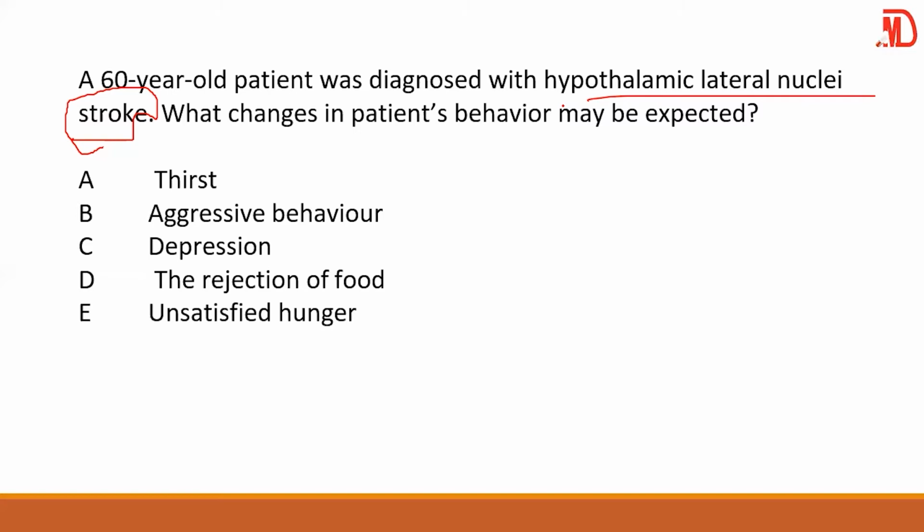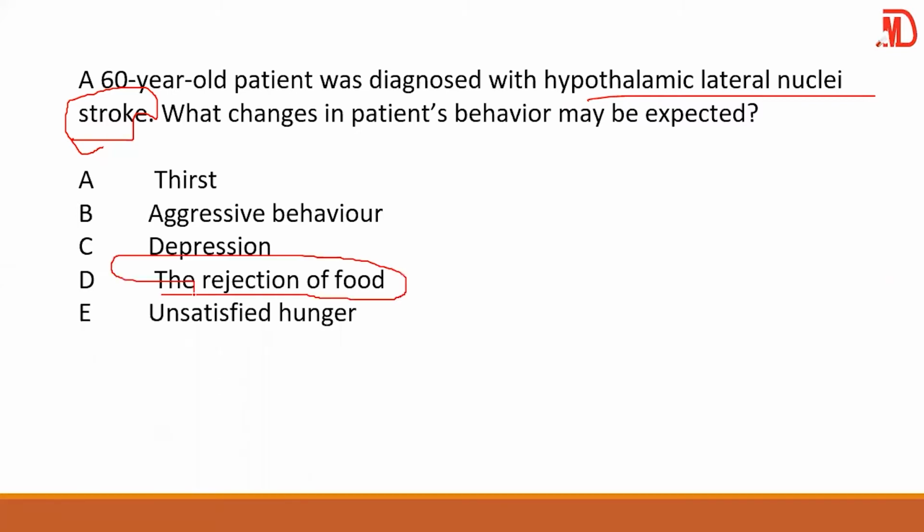There can be aggressive behaviors and so on and so forth. There can be reduced pain perception, so you might not feel pain because there is stroke. But over here, we are looking at anorexia or rejection of food.